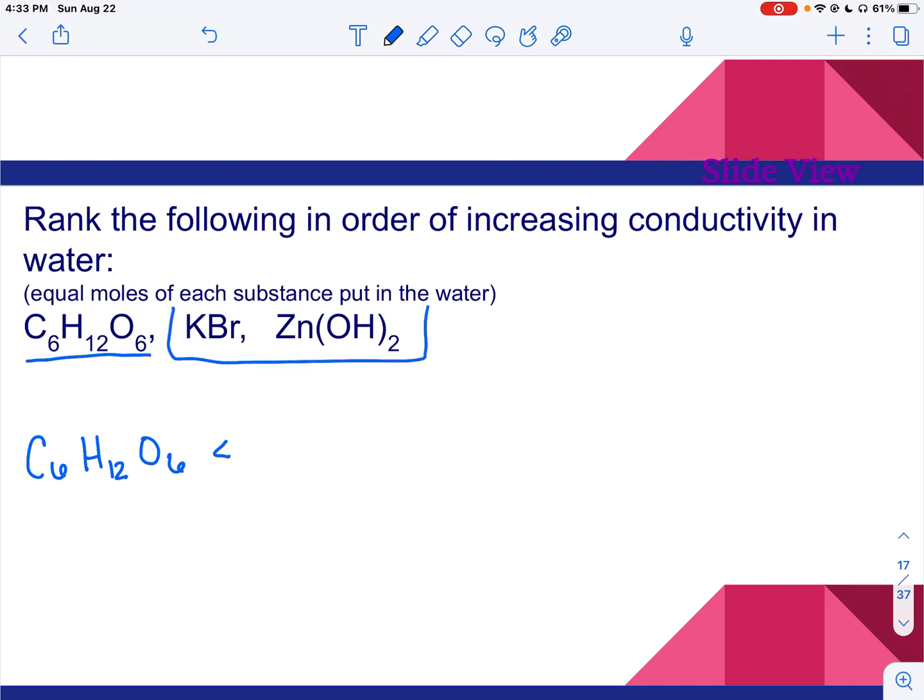Both of these are ionic compounds. So then it comes down to how many moles of ions are in the water. KBr is going to break up into K plus and Br minus. Okay, so in the water, we have a 1 here and a 1 here. So this is 2 moles of ions.